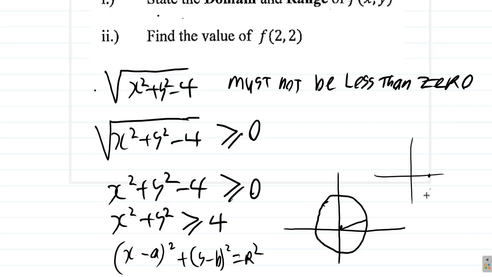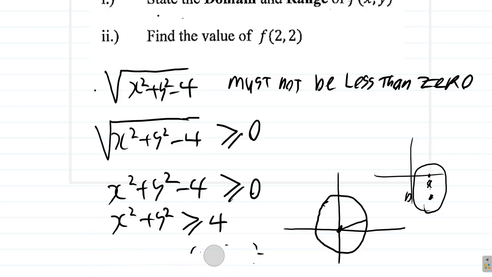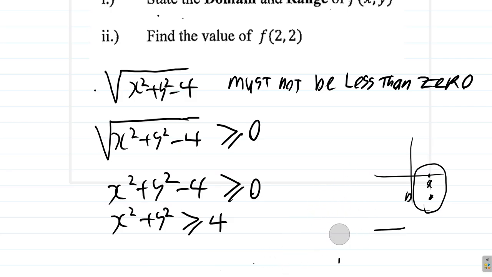So you might have a here and b here, and the circle would be here. But in our case, a and b are 0, so it's the origin. It would be like a circle at the origin with radius 2, because this 4 would be 2 squared. But this here would be the domain of f of x, y.